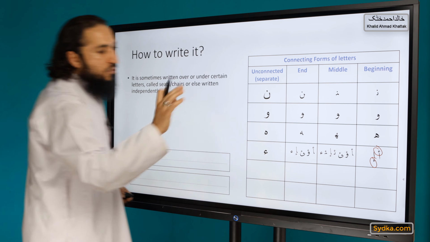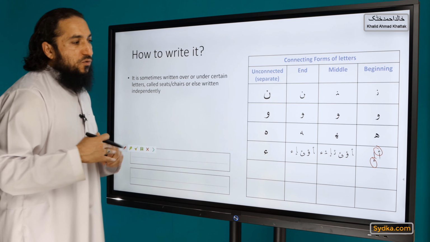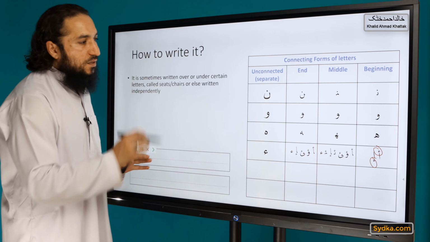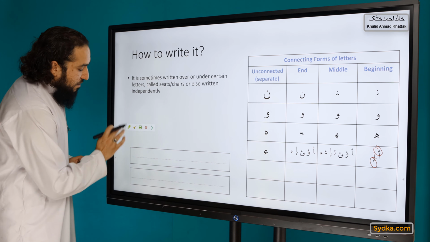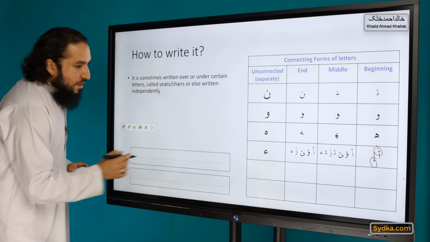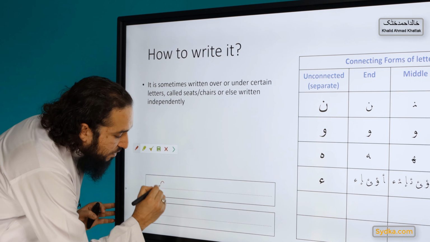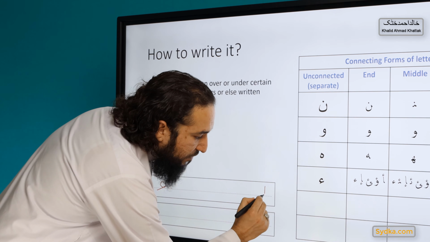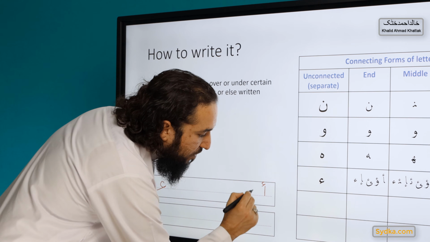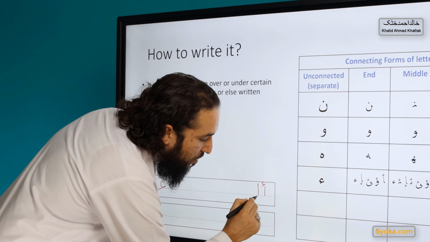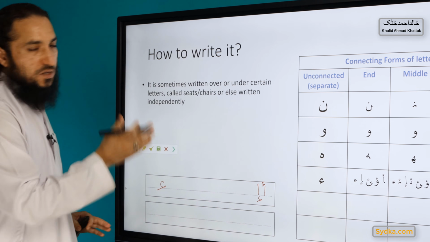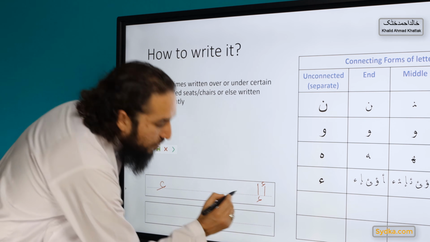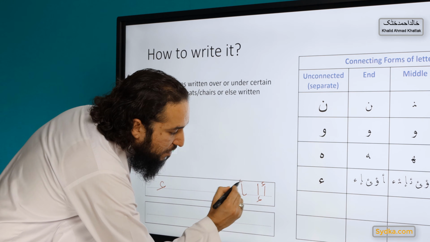Those chairs don't contribute their own sounds to the letter, but are used as a chair, and it is written like this. When on its own, it is written like this. In the beginning, you just write alif, and you write it on top of it or under it. If it's under it, then it goes below the line.